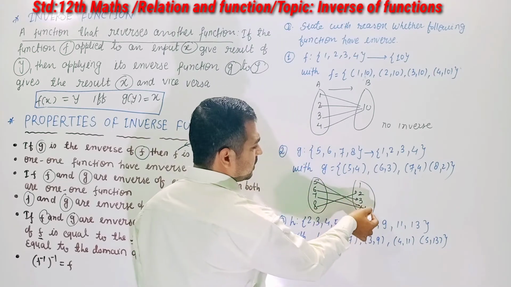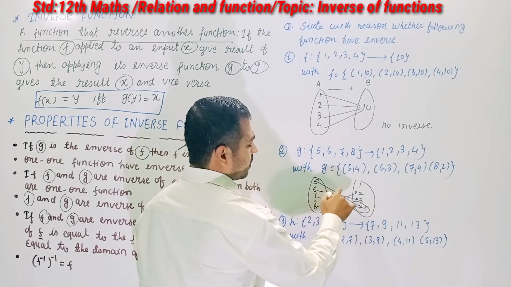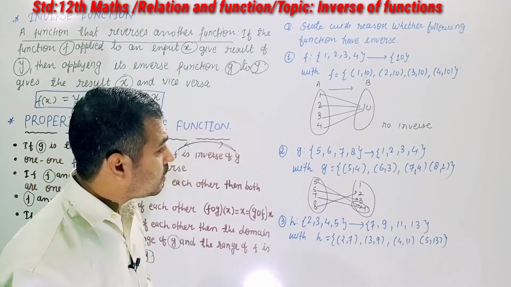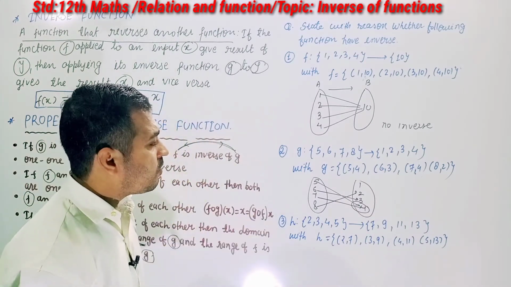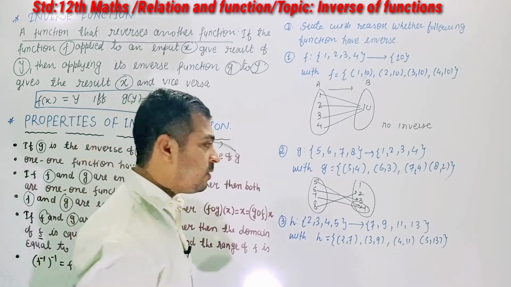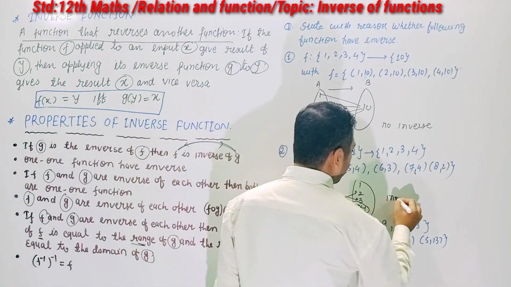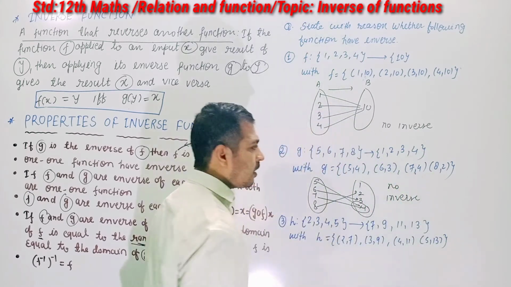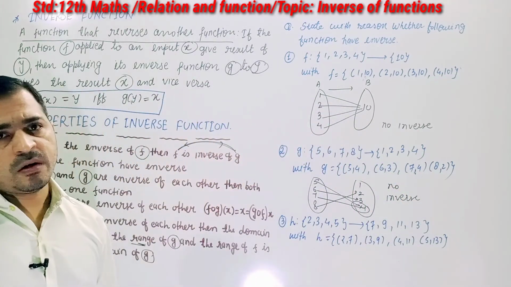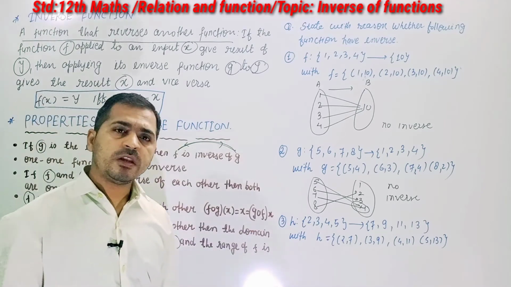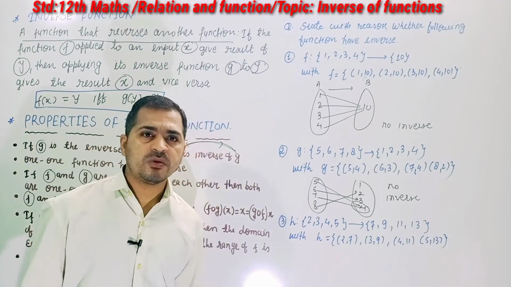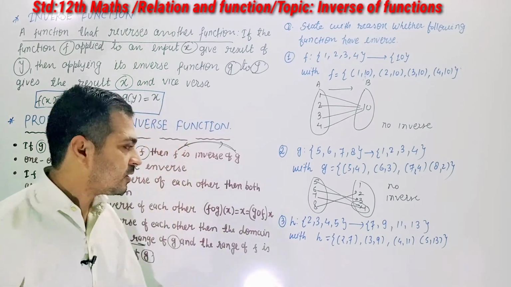So you can see that these elements are not in one-one correspondence. If they are not one-one, there will be no inverse, because first of all we have to check whether the given function is one-one or not. If the given function is one-one, then it has an inverse. If not, it is not invertible.